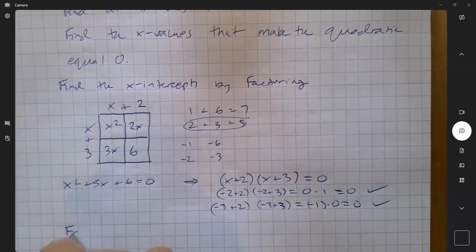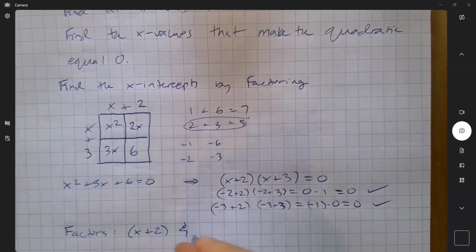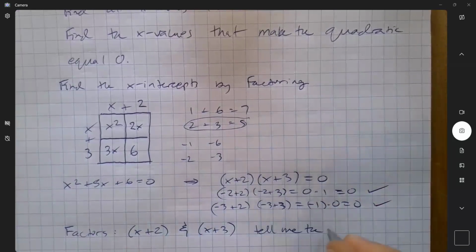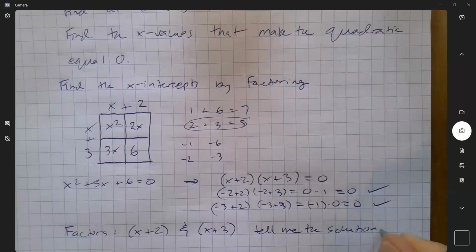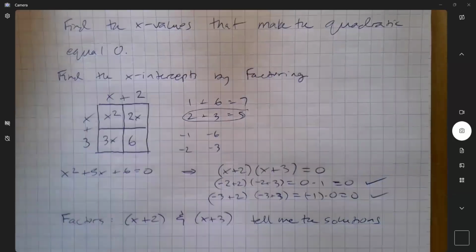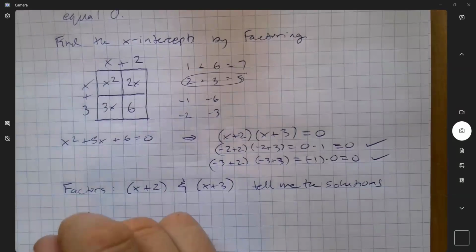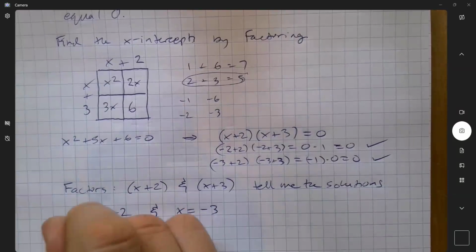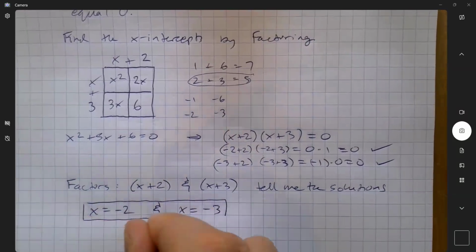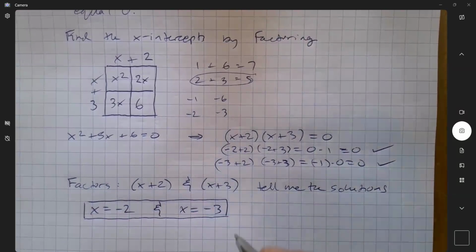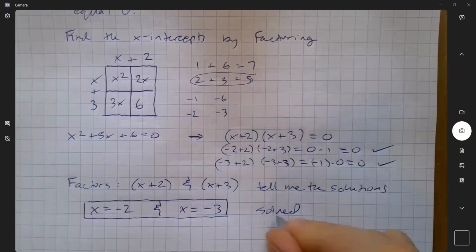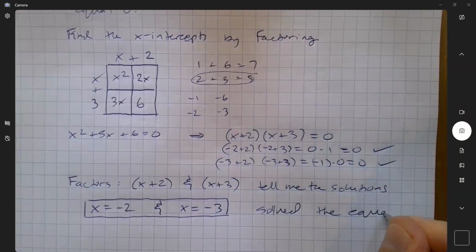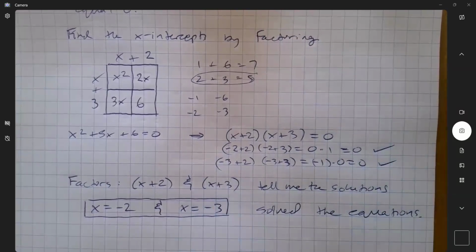So the factors x plus 2 and x plus 3 tell me the solutions. X equals -2 and x equals -3. And I have solved the equation because I have found the x values that make the equation true.